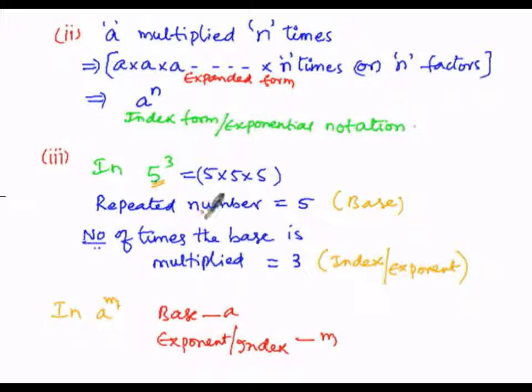The repeatedly multiplying factor will be called the base, and the number of times the base is multiplied will be called the index, or in other words the exponent.